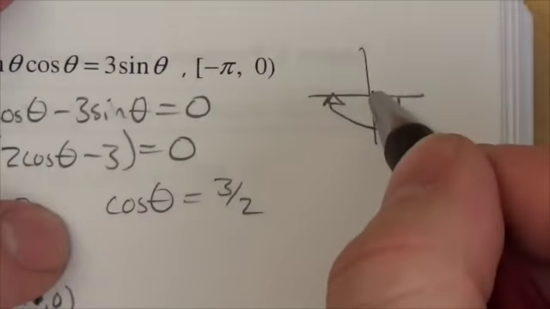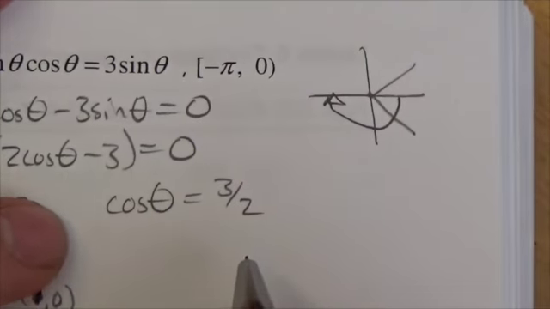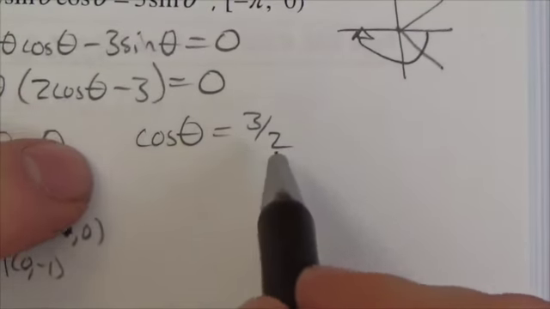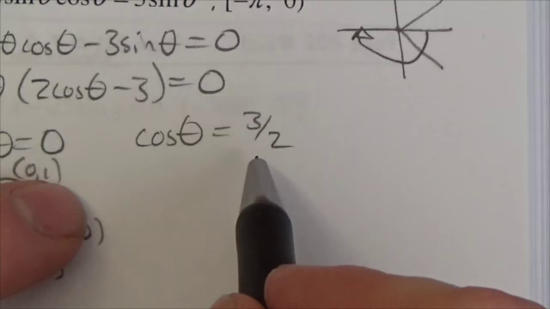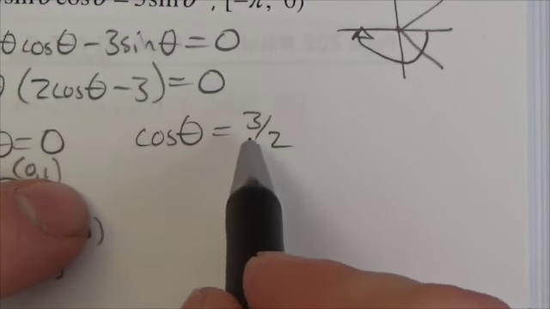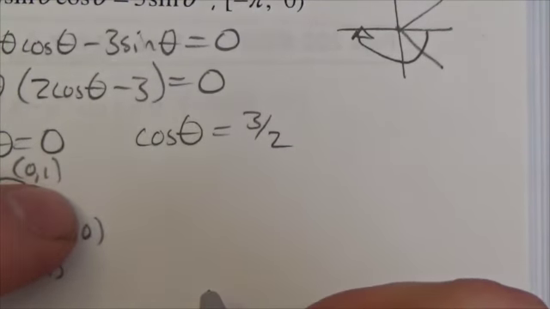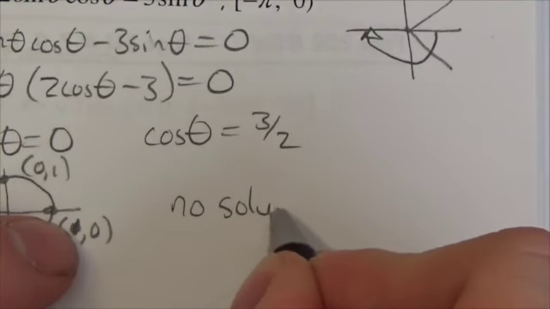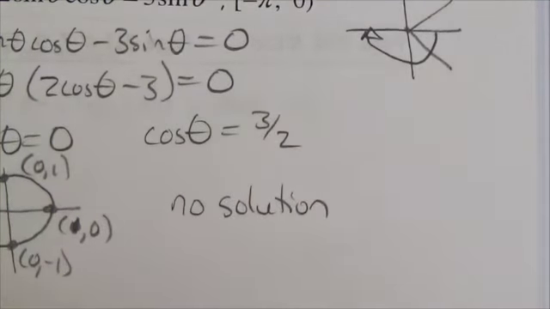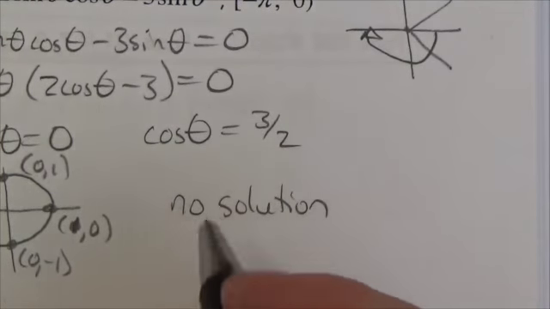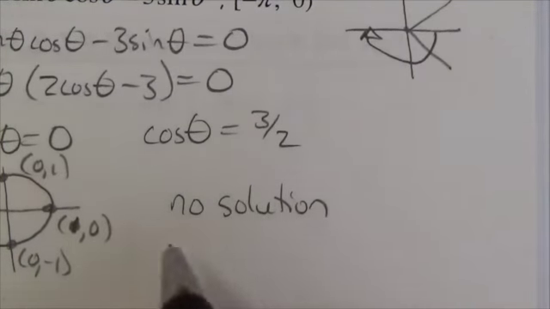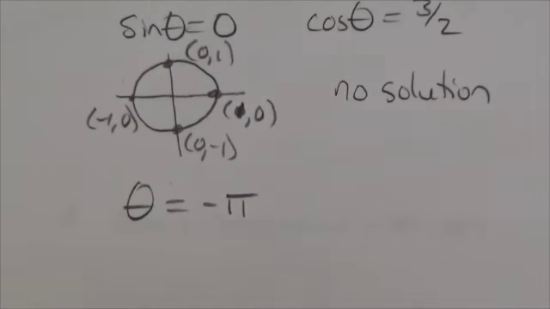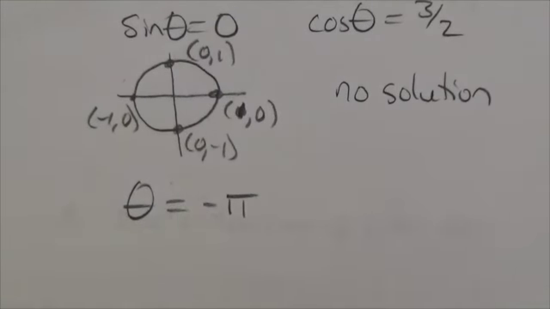Well, okay, cosine is positive in quadrants 1 and 4. However, notice that the ratio that I'm getting here, cosine of theta is equal to 3/2. That's larger than 1. Well, that's not possible. I can't do it. Now, it's close. It's closer than it was in the previous question. But in this case here, it's still greater than 1. So there's no solution. So the only answer to this one right now is that theta is equal to negative pi.